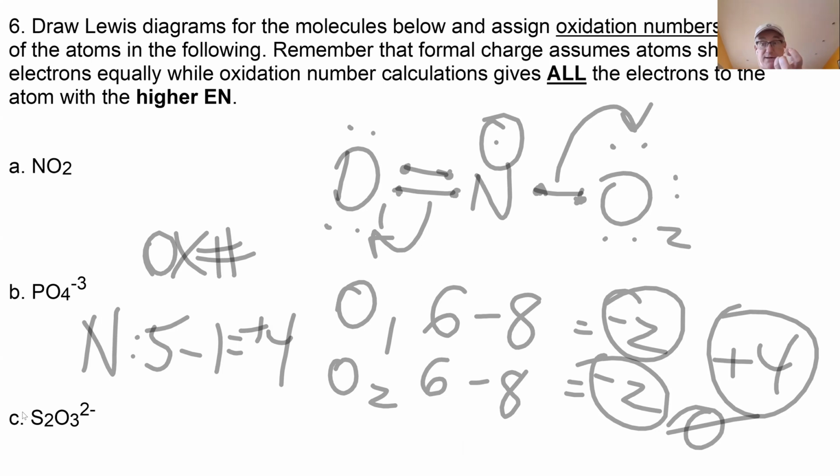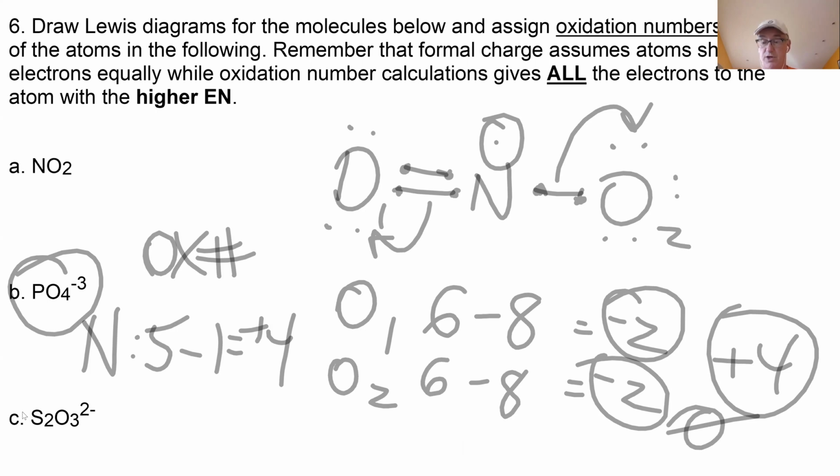So the oxidation numbers should add up to the same charge as the formal charges do. If it's a neutral molecule, they should add up to 0. If it's like phosphate over here, they should add up to -3. Do you want to do one more to see how this works?